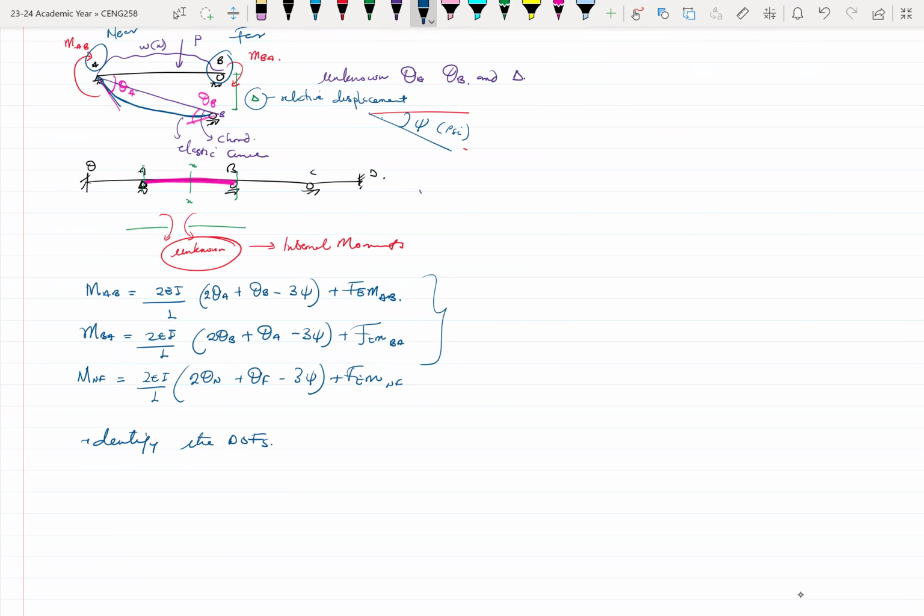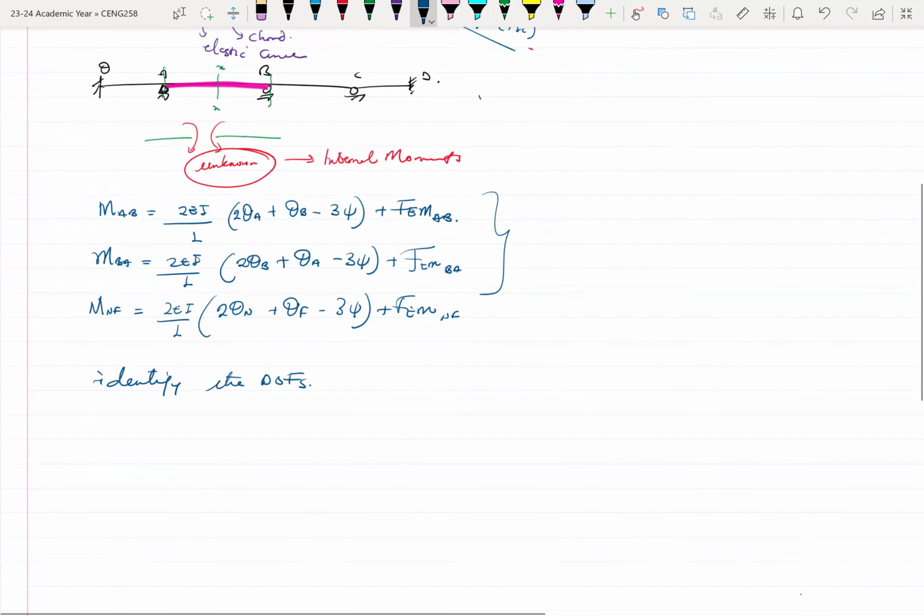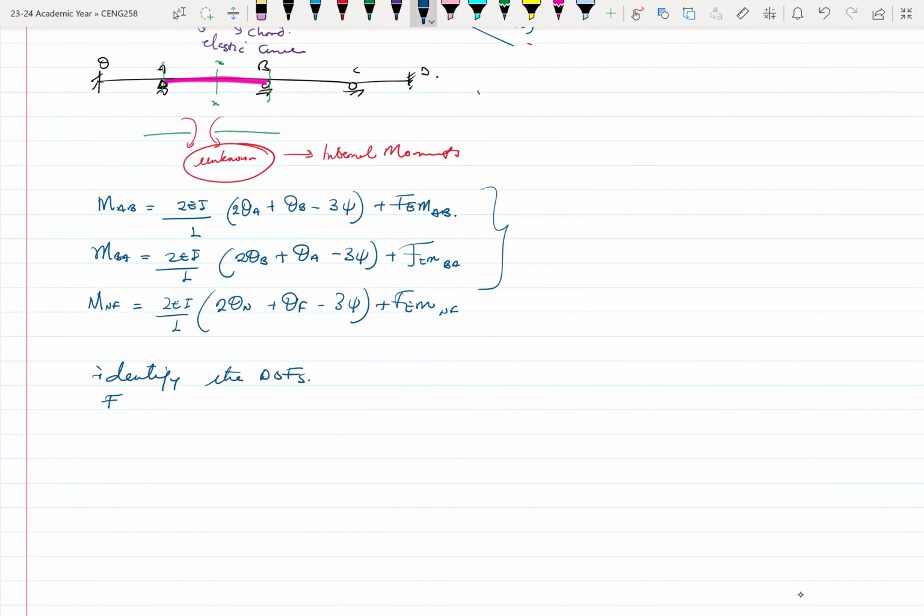We don't know what they are, so identify them, whether there will be any DOFs or not. Then based on that, you find your fixed end moments. They also determine your equilibrium equations, and typically you're looking at equations at joints. Then based on that, you can also write your slope deflection equations.